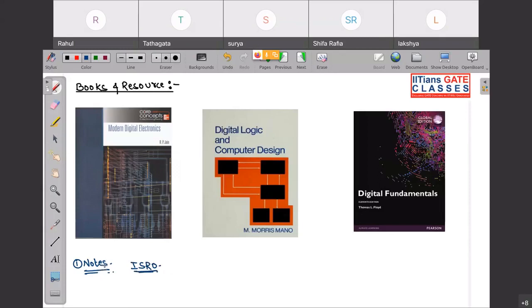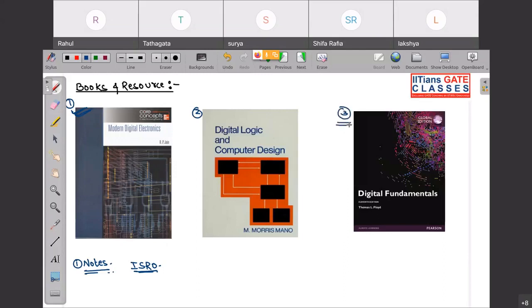Now, if you ask me, sir, any other resources we can refer to? The first book I will say is RP Jain. This is a very good book, very basic, written in very lucid, easy language. The next book you can read is Morris Mano. All the books are available digitally also. You can search for PDFs and you will get them.